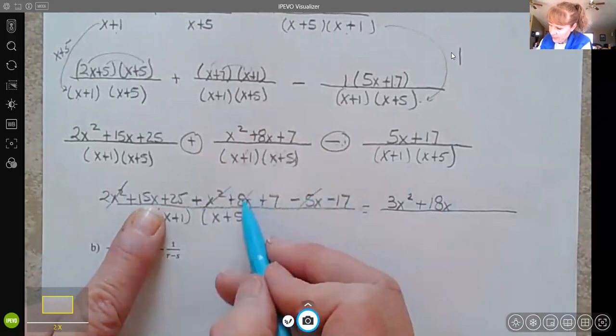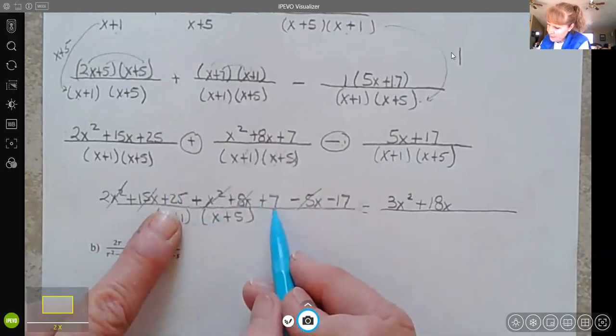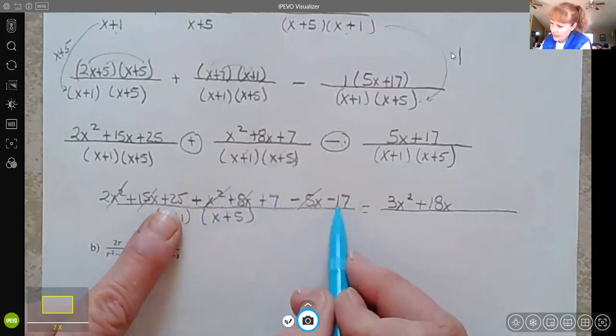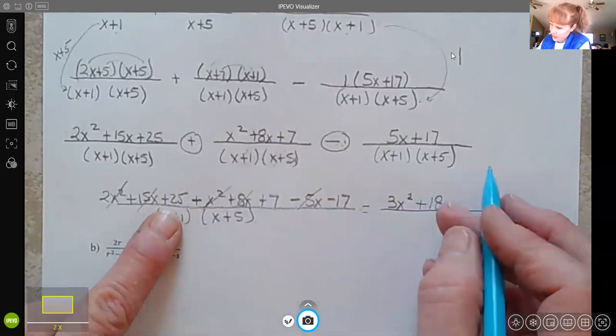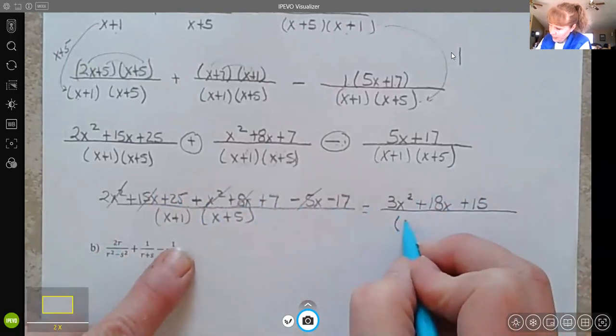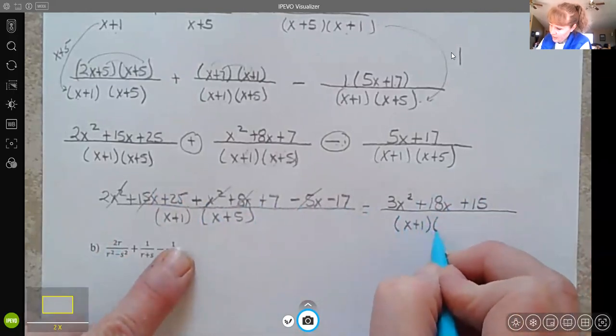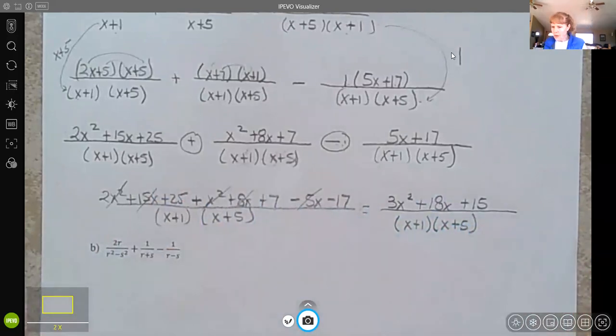Okay, that takes care of all our x's. And then we come up with 25, positive 7, and a minus 17 gives you a positive 15 over x plus 1, x plus 5. Wow. So now you need to see if you can factor that numerator.